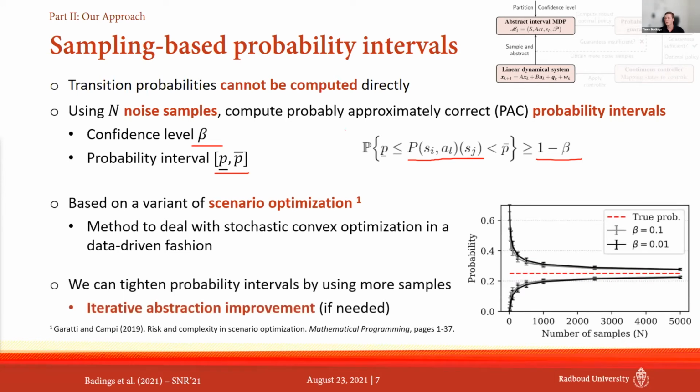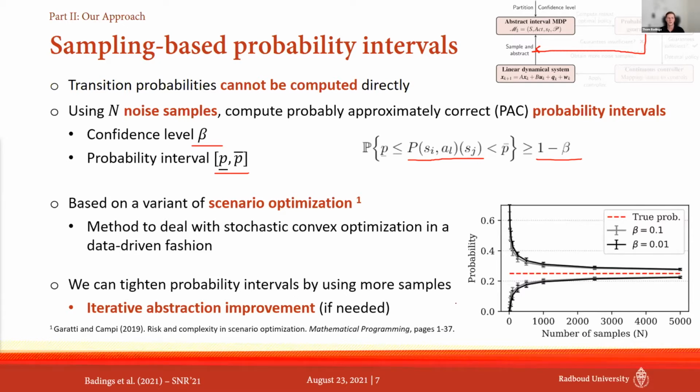Finally, we also propose an iterative loop within our abstraction scheme, which should be here in this figure. And by means of this iterative loop, we can iteratively improve the quality of the abstraction if needed. By this, I mean that we can tighten the probability intervals by using more samples of the noise.